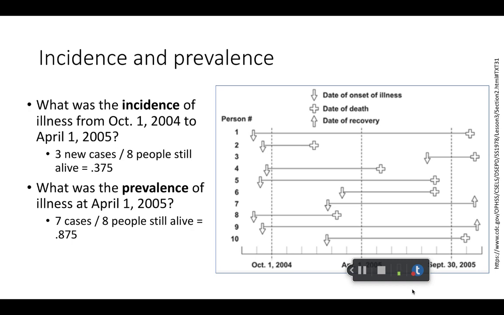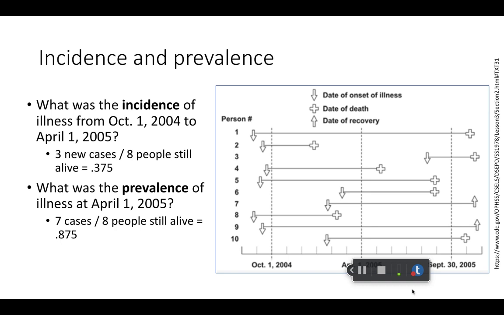And then I see 2 cases that started in this time interval, and a third one at the bottom. So 3 new cases. Now, what's the population at risk? Well, we can't count people who've already died, so we actually have, in this time interval, 8 people at risk of new onset of illness. So the incidence is 3 divided by 8.